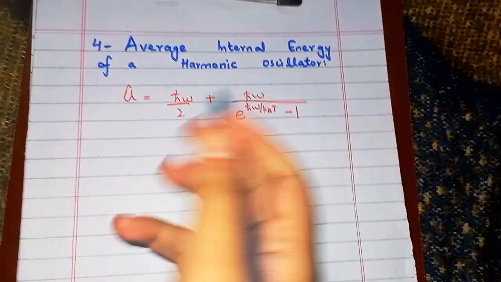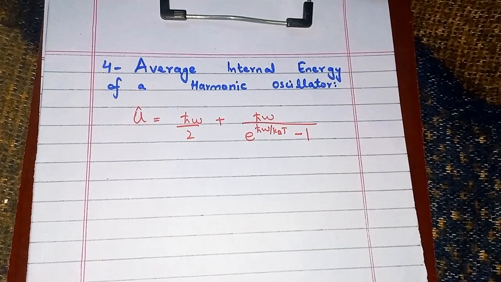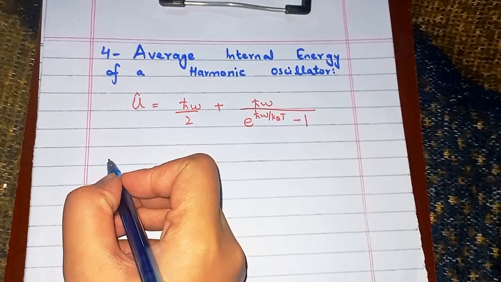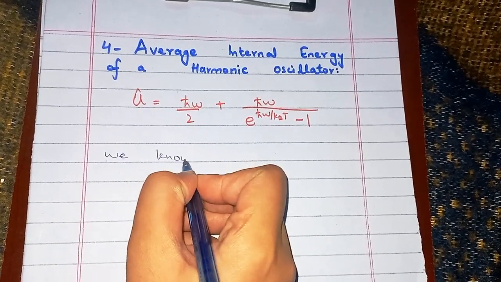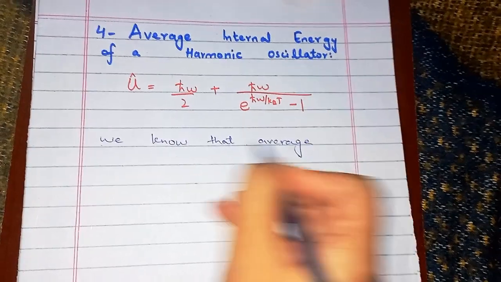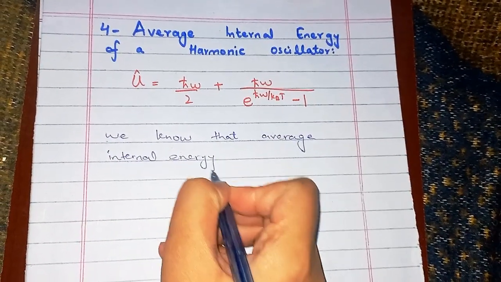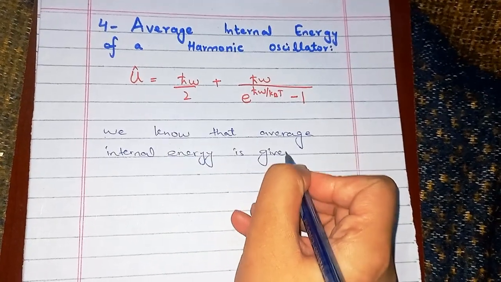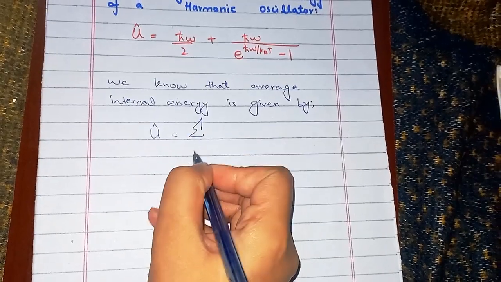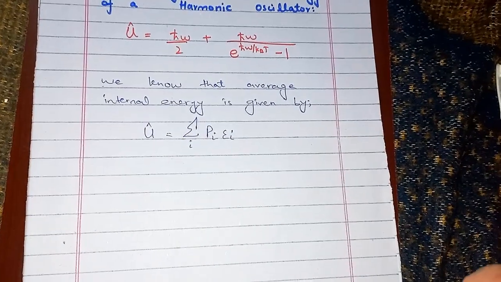Let's start with the general formula for the average internal energy that we have seen multiple times, and it's also mentioned in the problem statement. The formula for average internal energy is given by U bar equals summation p_i E_i over i.